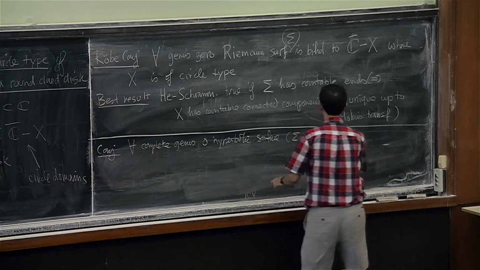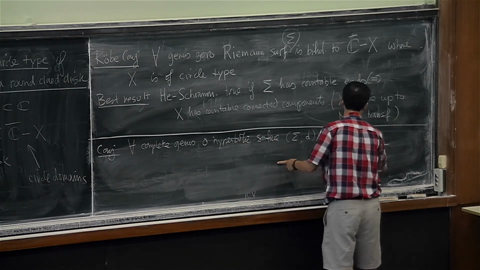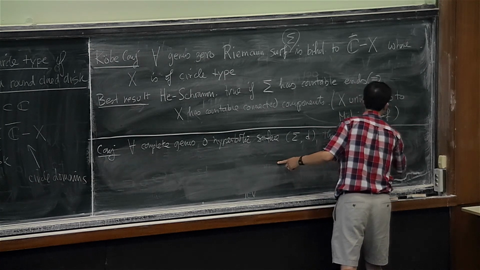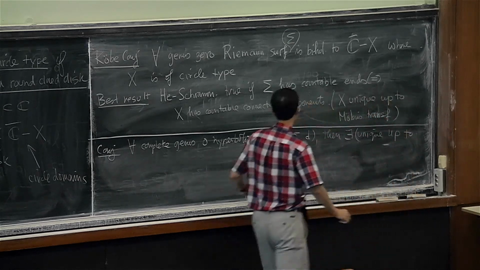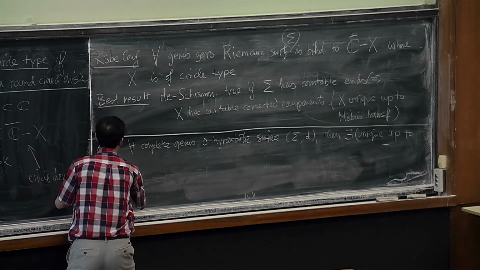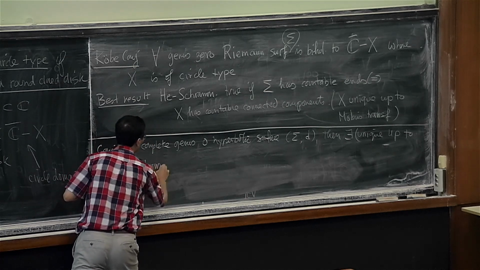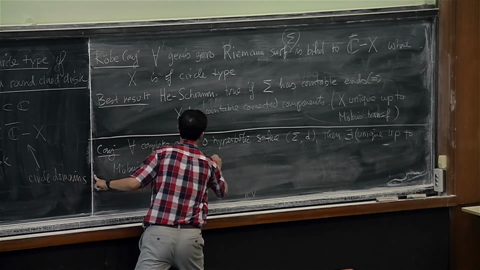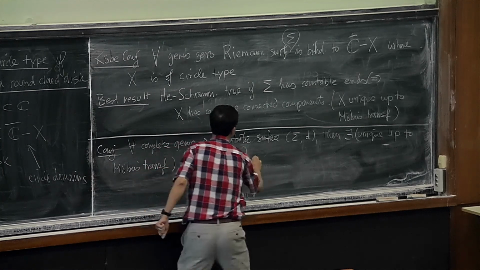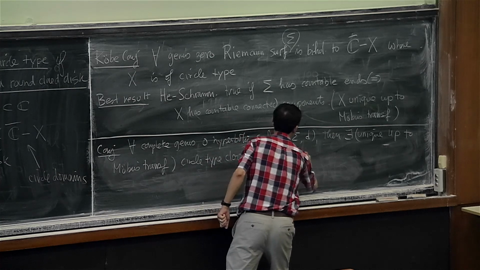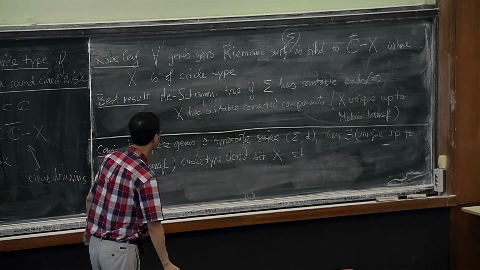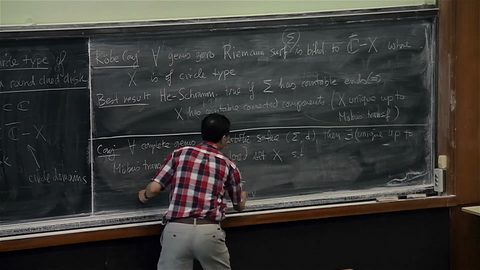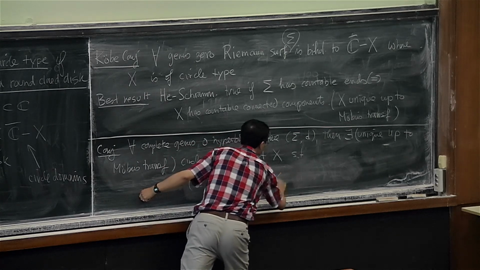Then there exists, and we conjecture even unique, up to Möbius transformation, a unique circle type closed set X such that this surface sigma is isometric to the boundary of the convex hull of X.